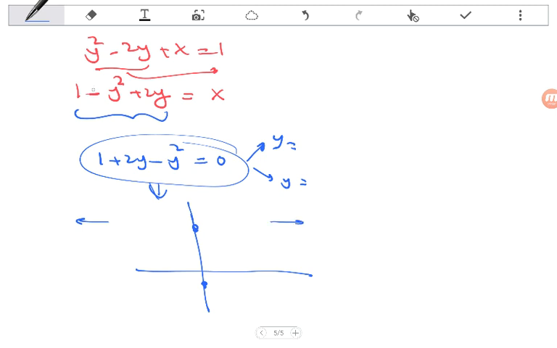How would I know that? By looking at the sign of x and the sign of the second degree. If they have the same signs, it will be looking positive. If they have different signs, it will be looking in the negative side. Okay, so this graph will be something like this.